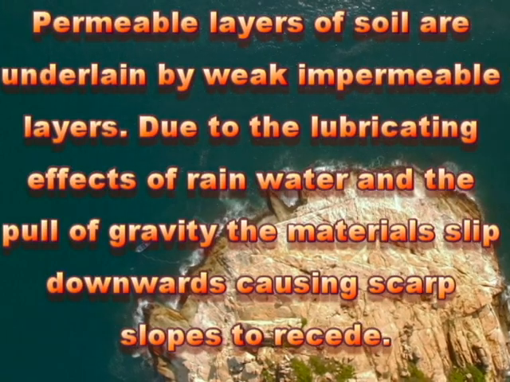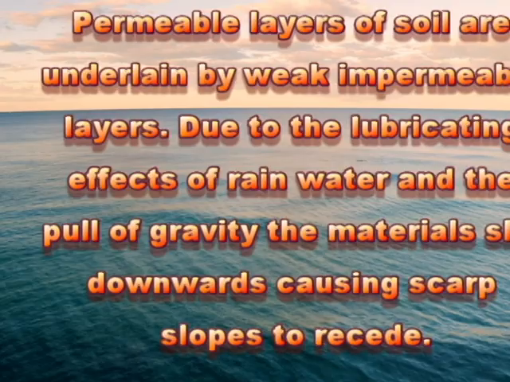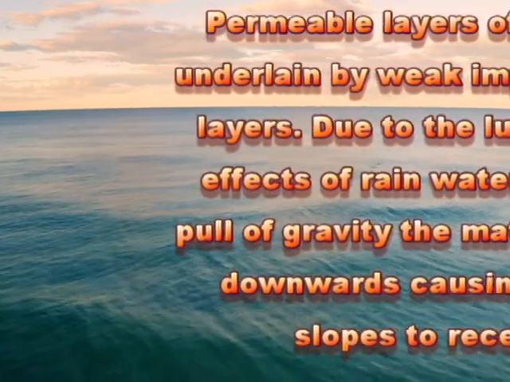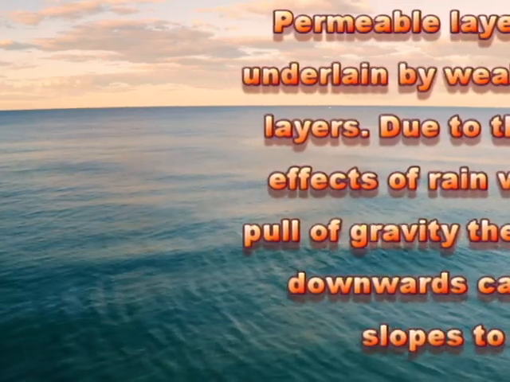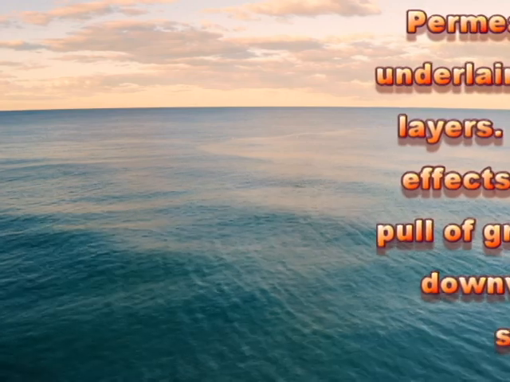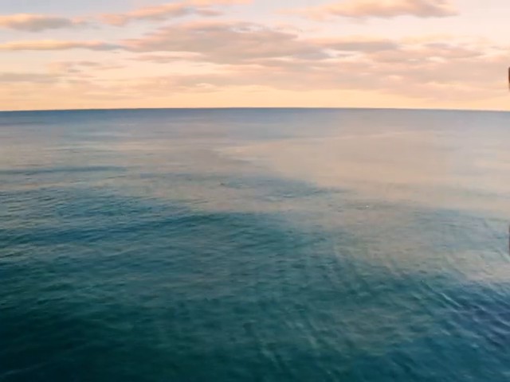Now, as it becomes saturated and unconsolidated, gravity pulls down the loose materials and causes them to move down the plane along which the loose materials lie on top of the impermeable layer. This is one way in which landslides occur.